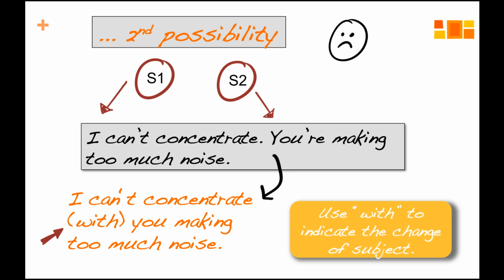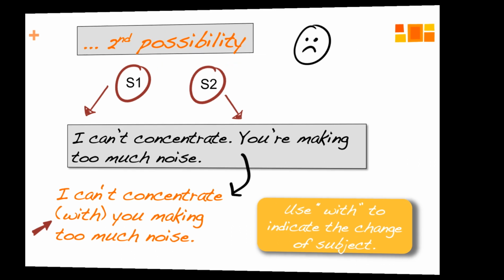But unfortunately, your English teachers and also me, we want our students to be able to produce and to understand that 1%, just in case. There may be a time when you need it. So use with to indicate a change of subject, and then you can combine two sentences which have totally different subjects. I can't concentrate with you making too much noise.